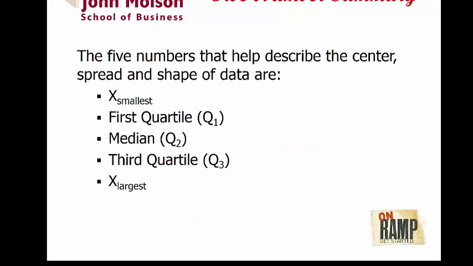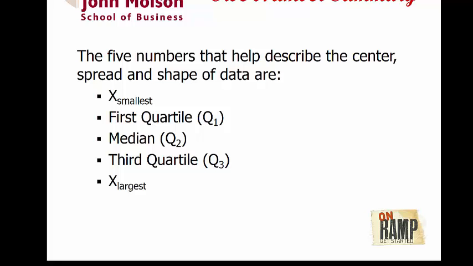Let us look now at the 5-number summary. Important information is gathered within those 5 numbers. It describes the center, the shape, and the spread of the data.